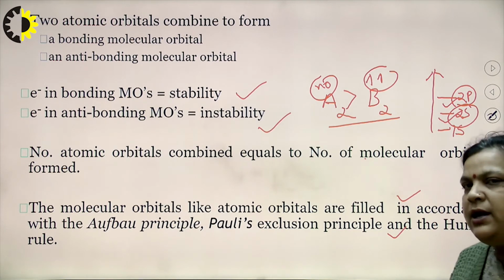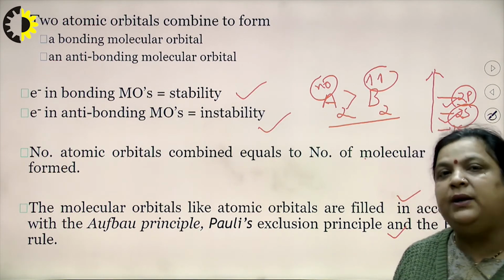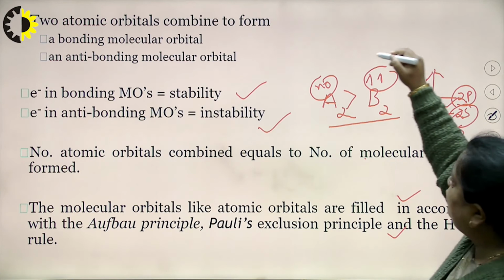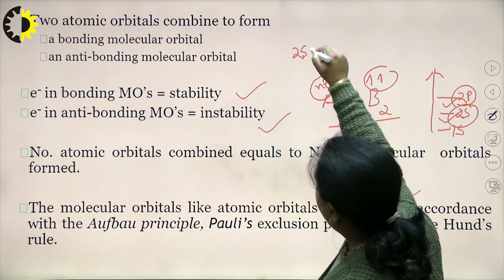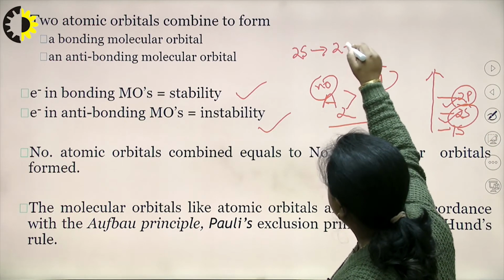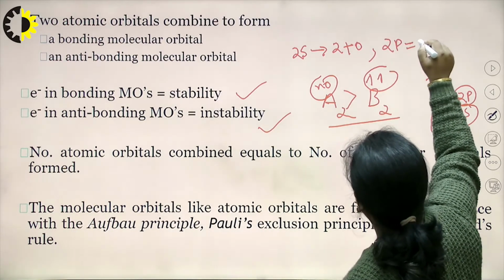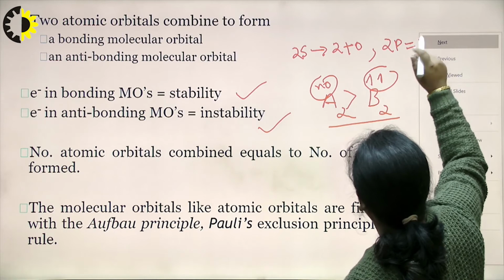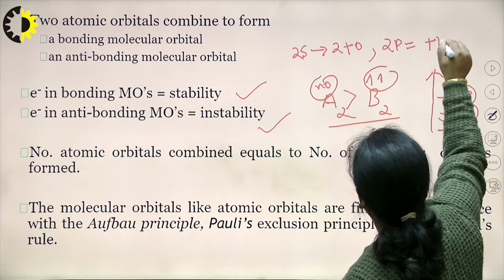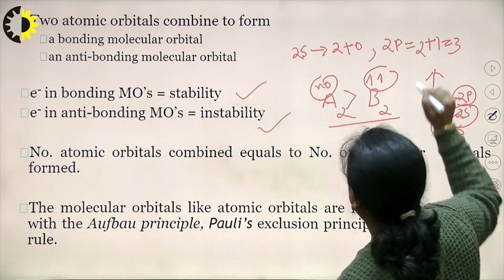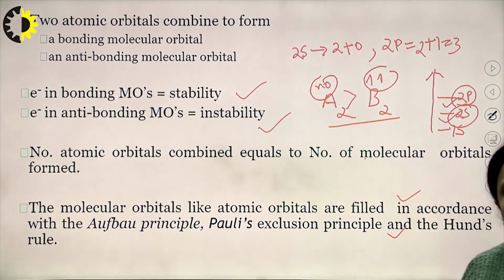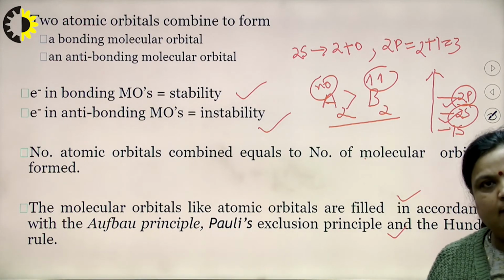So, if the principal quantum number is the same, then check n plus L. In case of 2s, n plus L is 2 plus 0, while in case of 2p, n plus L is 2 plus 1, that is 3. It means the electron will enter the orbital which has the lower value of n plus L.